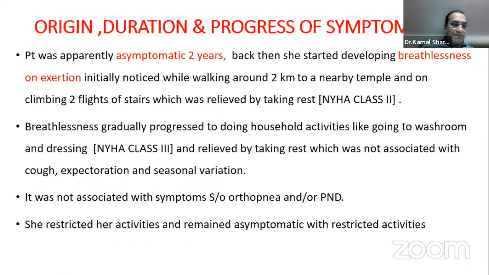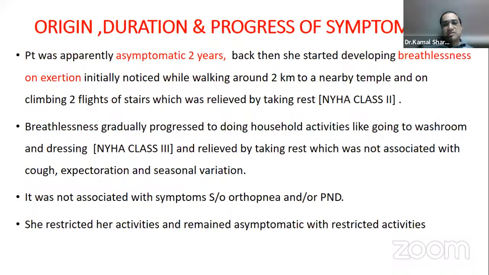So once you're describing the same, you would be looking at origin, duration, progress, and it would often be described in the form of a paragraph. The history can go: patient was apparently asymptomatic 2 years back, and then she started developing breathlessness on exertion, initially noted while walking around 2 kilometers to a nearby temple and on climbing 2 flights of stairs, which was relieved by taking rest, like NYHA class 2.